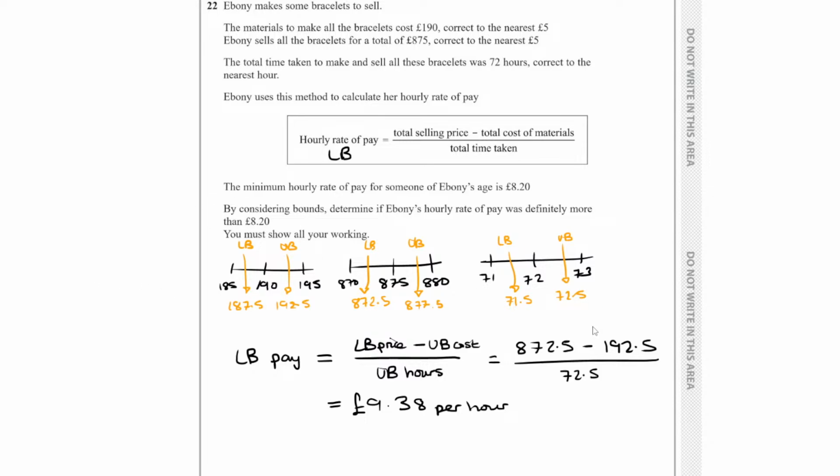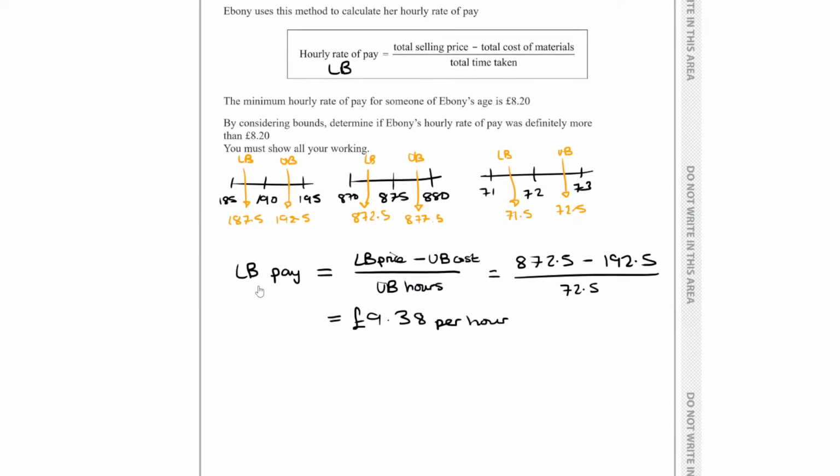And if you're just interested, the upper bound is £9.65, which is obviously more than 820. I think you also had to do, because it said show, or determine if it's definitely more. Well, that's the worst case scenario. So I think you write something like £9.38 is obviously more than 820.